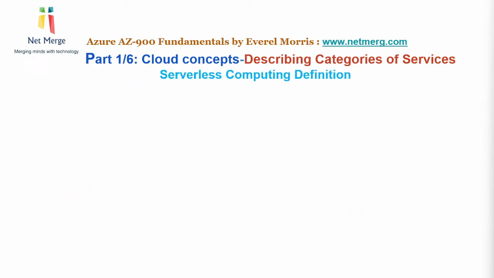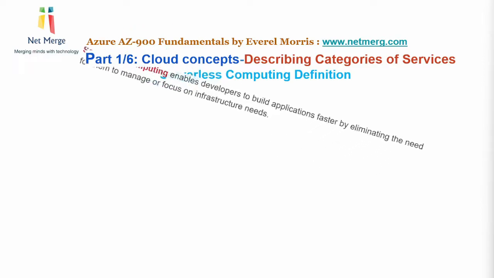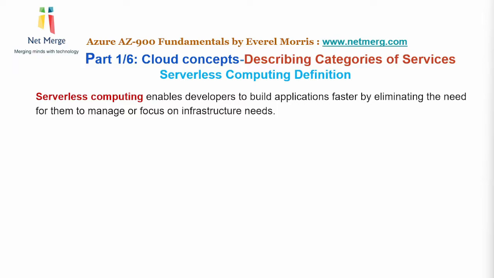So you understand shared responsibilities, you understand the different layers of responsibilities and service workload. So we're going to move on to serverless computing, and we're getting towards the end of chapter 1. Now, serverless computing enables developers to build applications faster by eliminating the need for them to manage resources, so they don't have to focus on infrastructure needs.